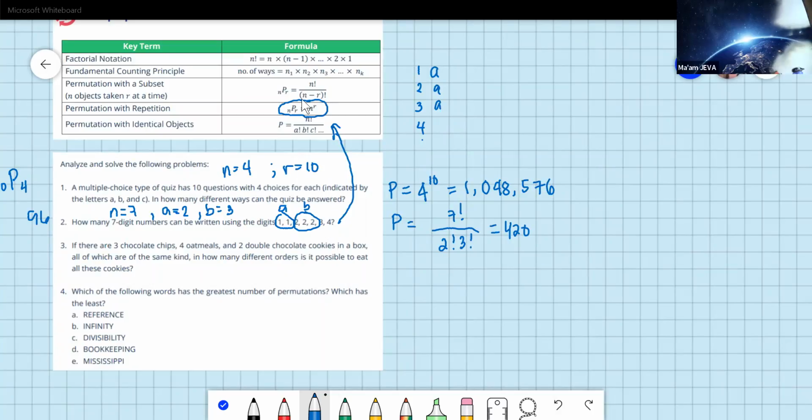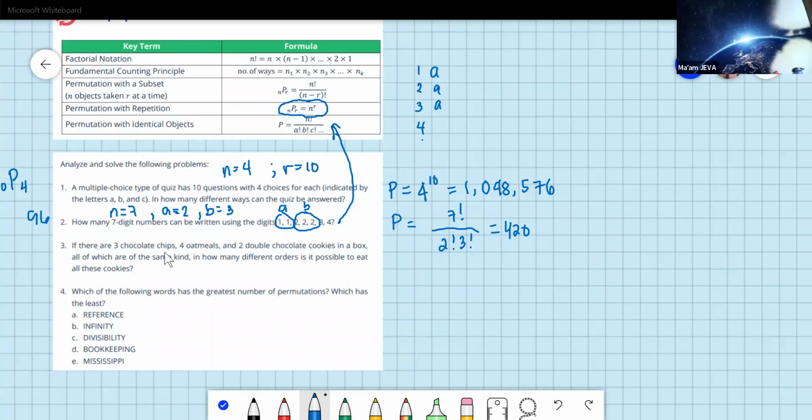There are 3 chocolate chips, 4 oatmeals, and 2 double chocolate cookies in a box. Correct. So remember, these are cookies.